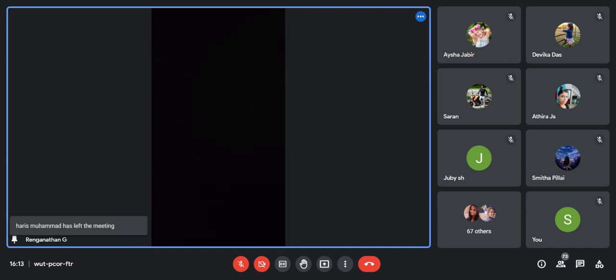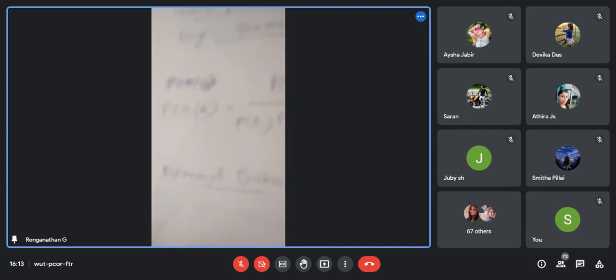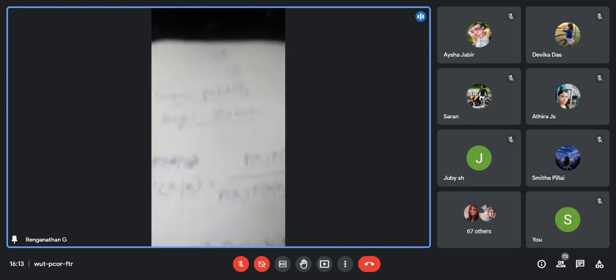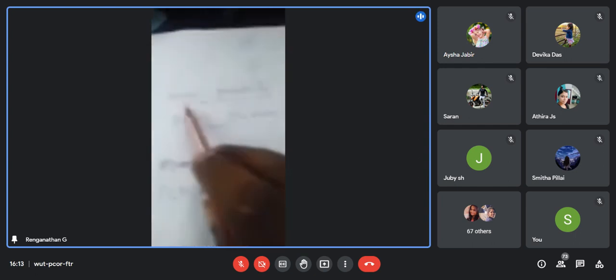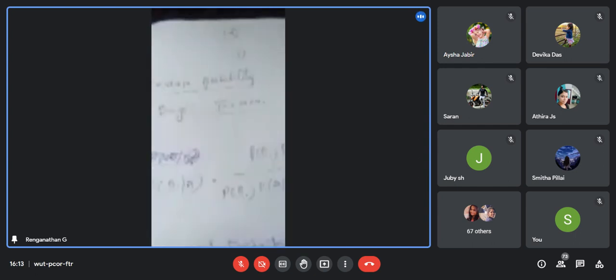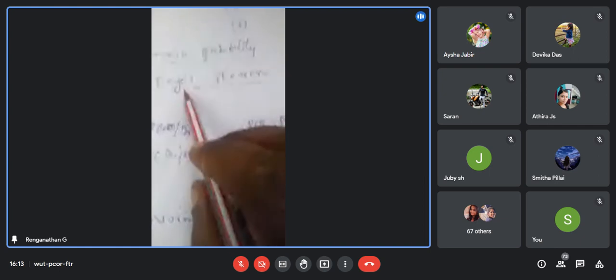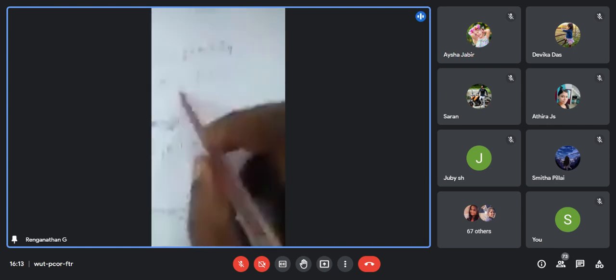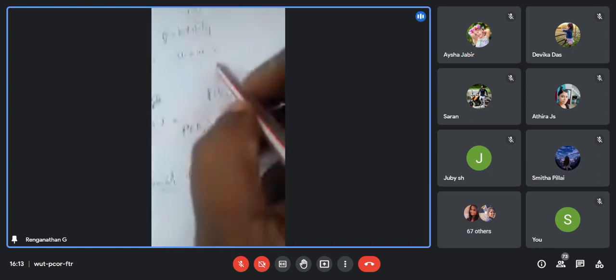Now I explain what Bayes theorem is. You have to write down this heading, inverse probability, and below that write a subheading, Bayes theorem.